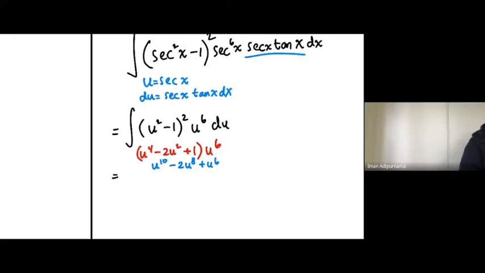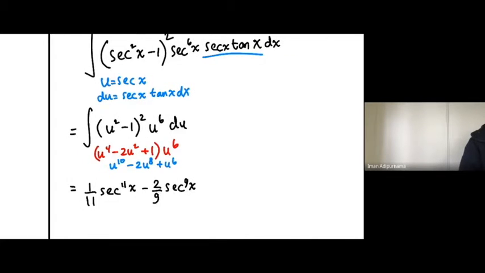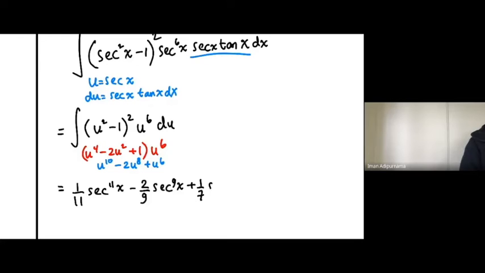Okay? So integrate, and I will write directly the answers. So u is the secant x, so secant 11x over 11 minus 2 over 9 secant 9x plus 1 over 7 secant 7x plus c.